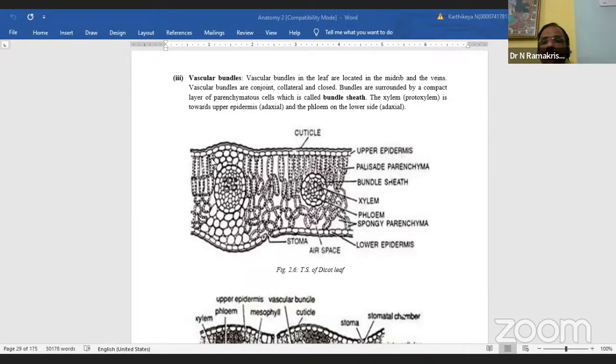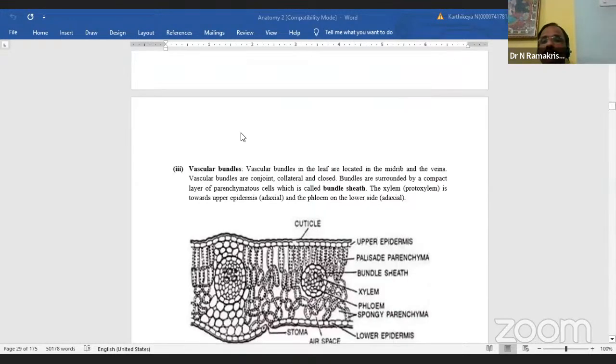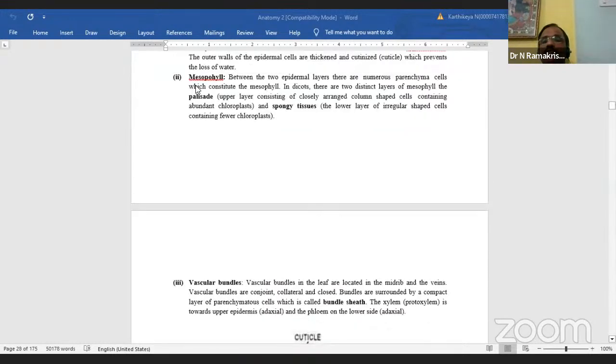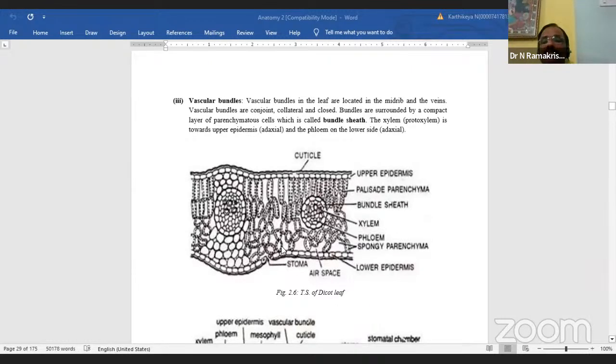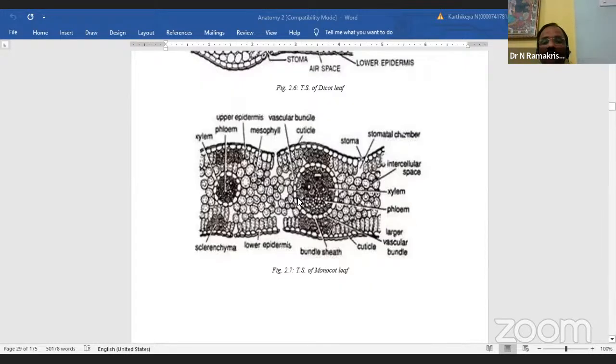So we call this the second one, mesophyll. This is the mesophyll between the two epidermal layers, where there is numerous parenchyma and spongy tissue, and each cell contains chloroplast. That means it is the photosynthetic zone. This is the second one. Is it clear?